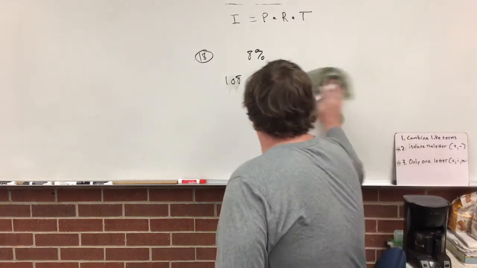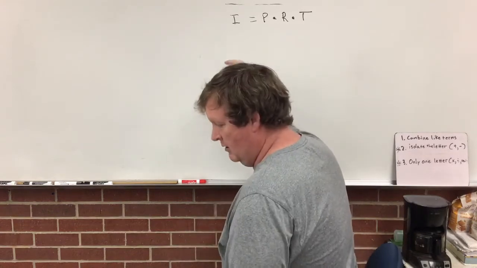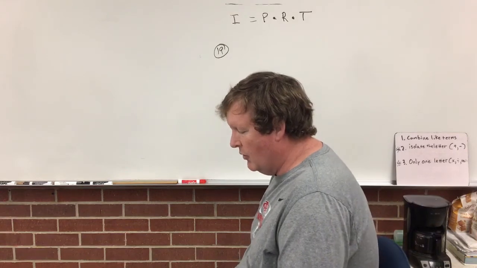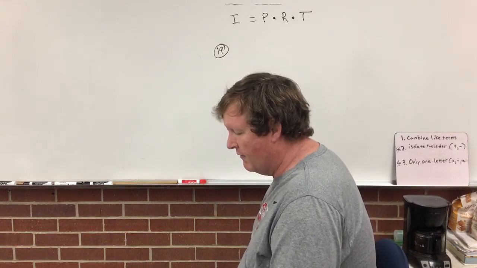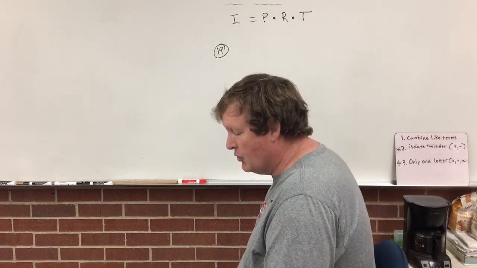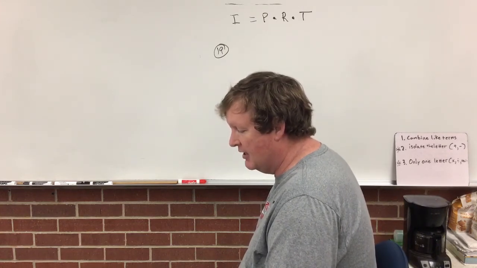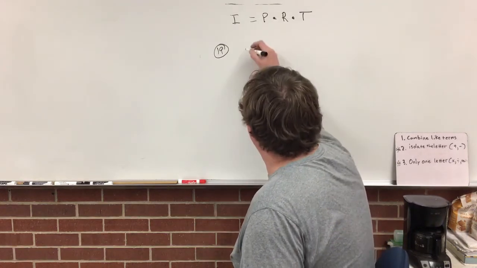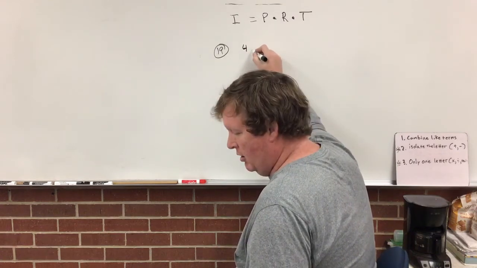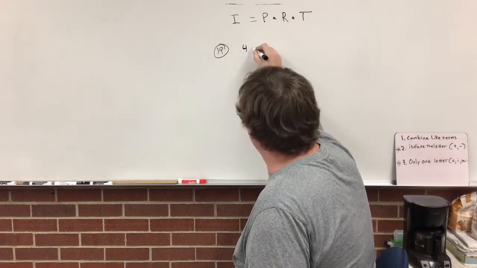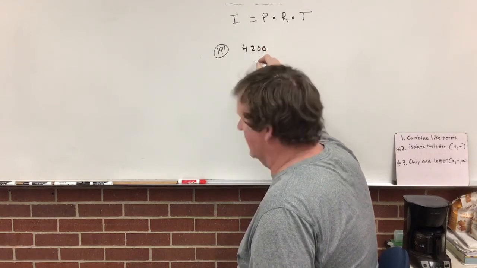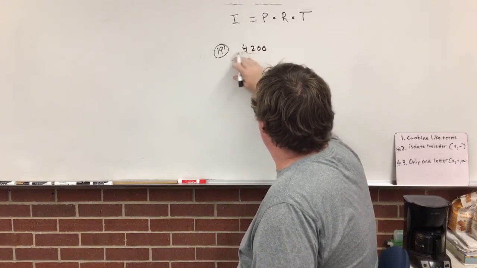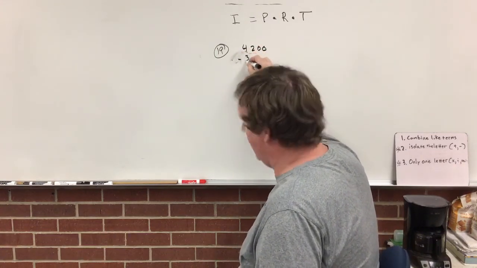Okay, moving on. Number 19. Two more to do here, since we're not doing 21. 19 says, Crystal's Fish Market sold $4,200 worth of fish last week. If Crystal's costs were $3,696, what is her percent of profit? So we're going to find the amount of change, or the amount of profit that she made, and that would have been taking how much they sold minus how much they paid.